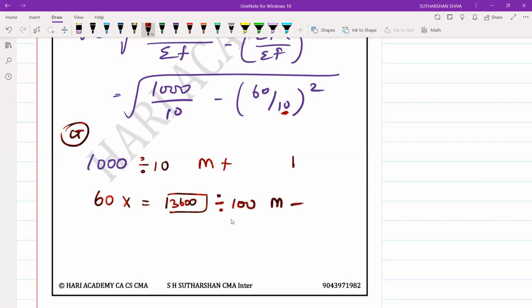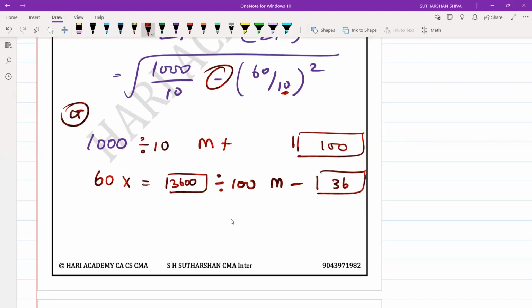M minus, you need to press, because here it is minus. You will get 36. After that, don't forget to press MRC in the third step. You will get 64. Now the whole inner value is 64.